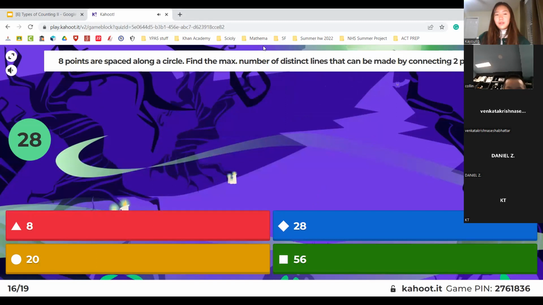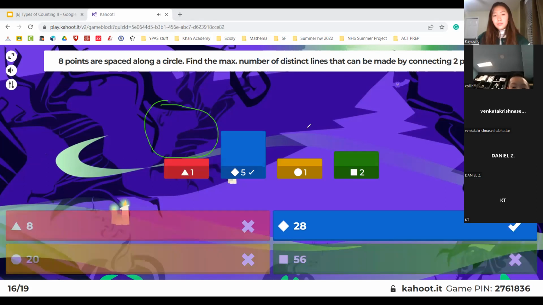Okay, this one is a little different, but I think you guys can do it. I was spamming 8, so yeah. I think it's 8. And I think it's 7 plus 6 plus 5 plus 4 plus 3 plus 2 plus 1.